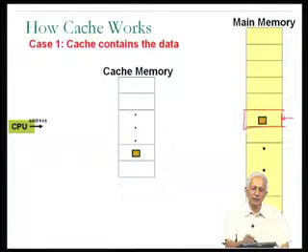Remember, I'm talking about both cache and main memory as being organized in terms of blocks. I can therefore refer to a cache block. Any one of these boxes is a cache block, and any one of these boxes I'll refer to as a main memory block. So the current situation is what I call case 1. In case 1, the required piece of data is present in the cache.